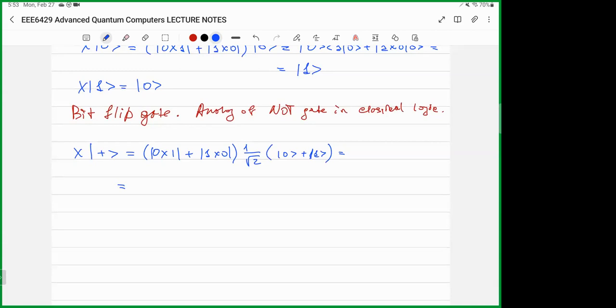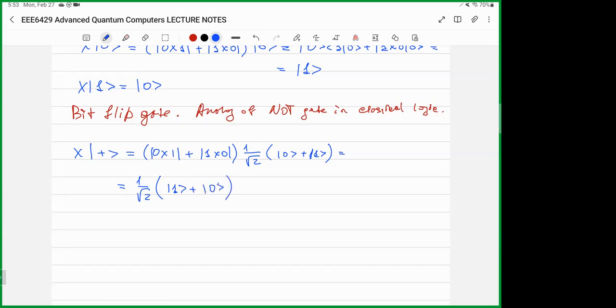So it is equal to 1 over square root of 2, and now I see that the only product that gives me a non-zero element is 1 for the first one, and for the second one it is 0.